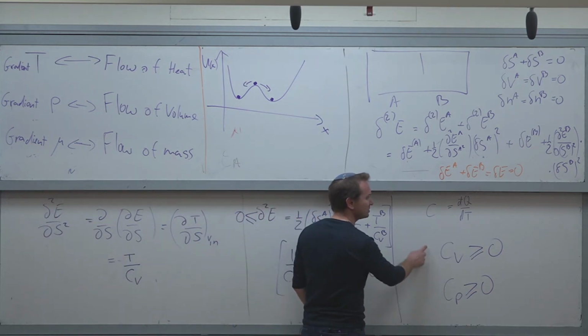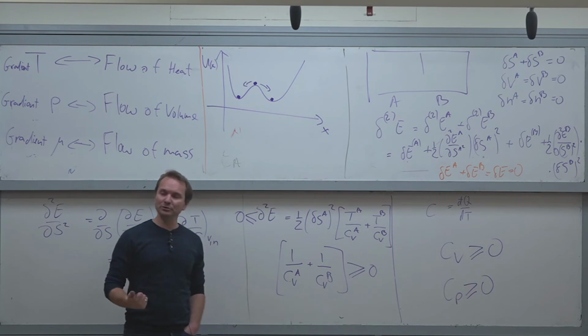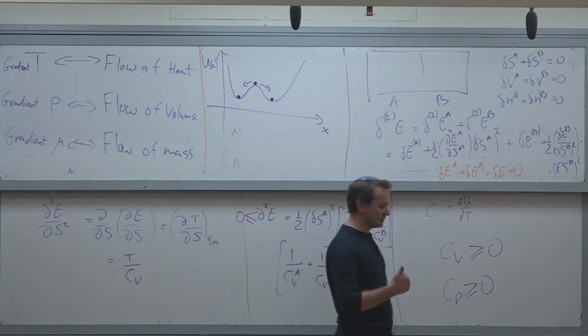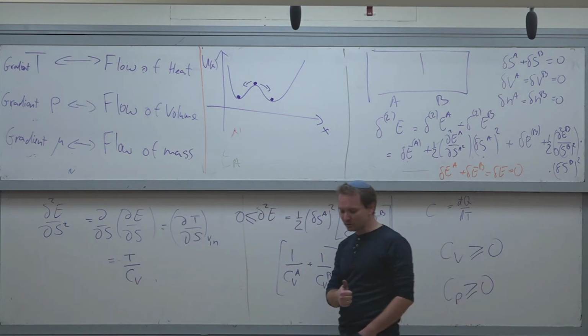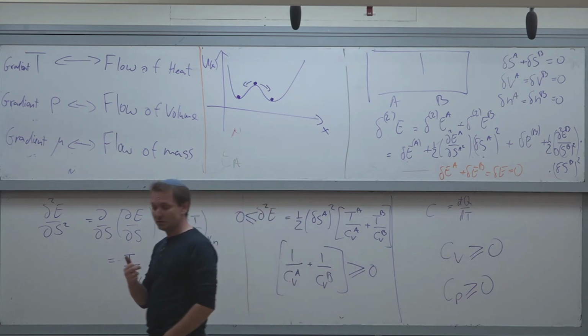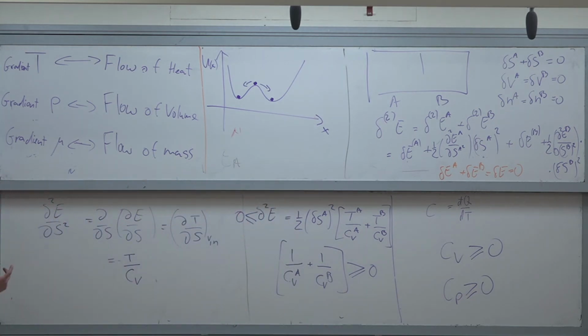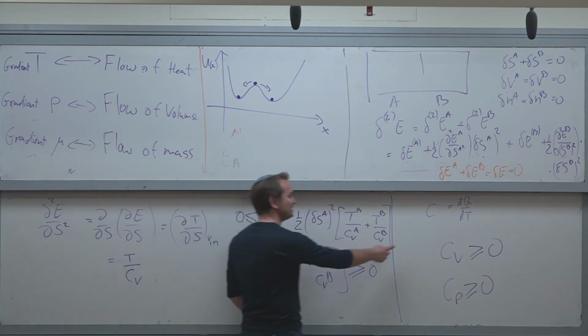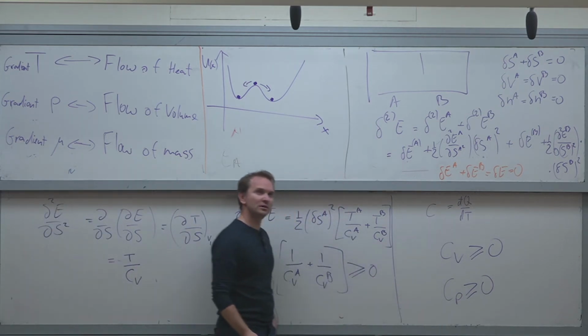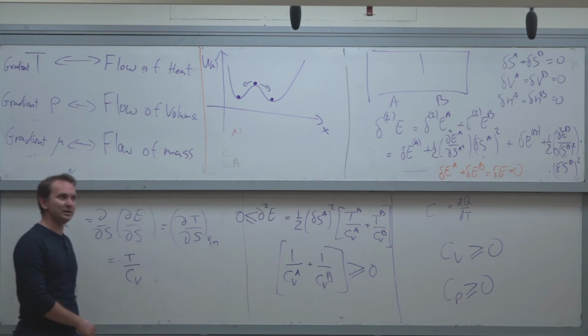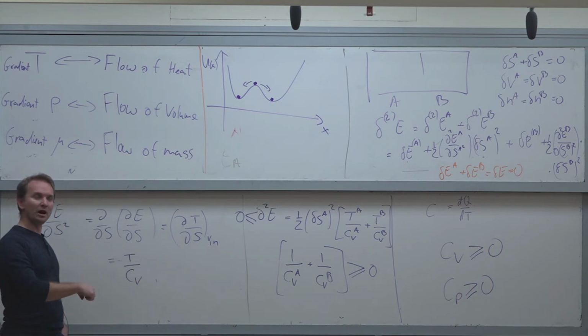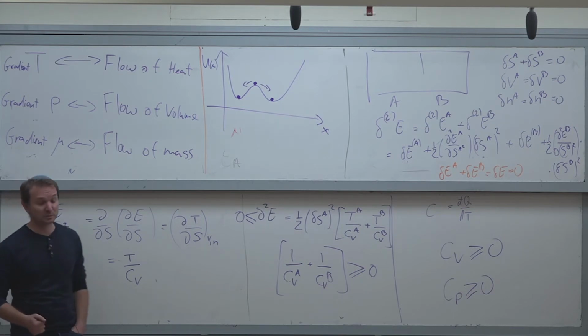So equilibrium means that there is equivalence of temperatures, pressures, chemical potentials. Stability means that the heat capacities are positive. Because the other way around, there would be heat flowing from the hotter system to the cooler system, and the cooler system would be even cooler, etc.